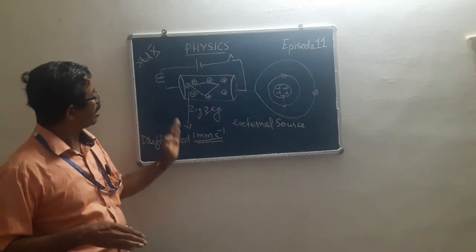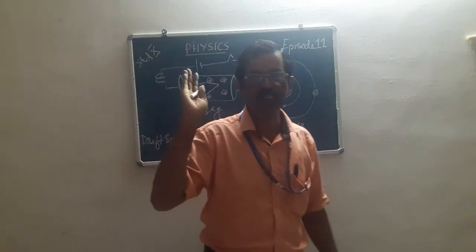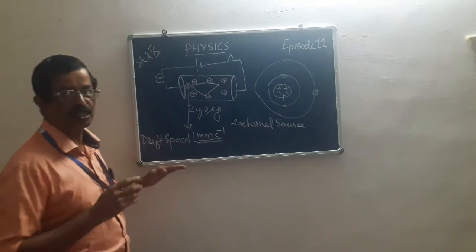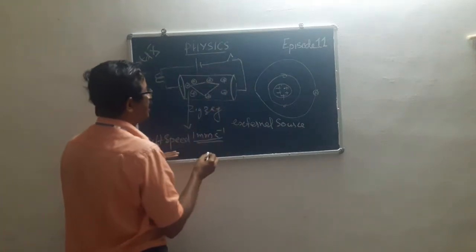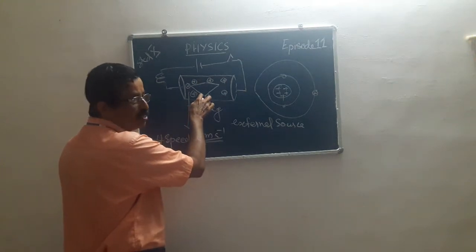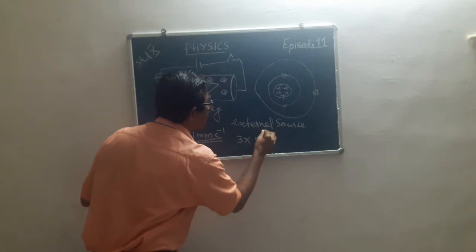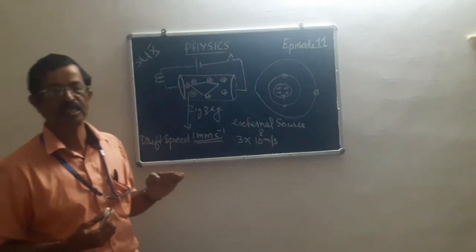But when we switch on, we can see the light glowing at the same instant. How is that happening? It is because the speed of current flow in this metallic conductor is nearly equal to the speed of light, that is, 3 into 10 raised to 8 meters per second.